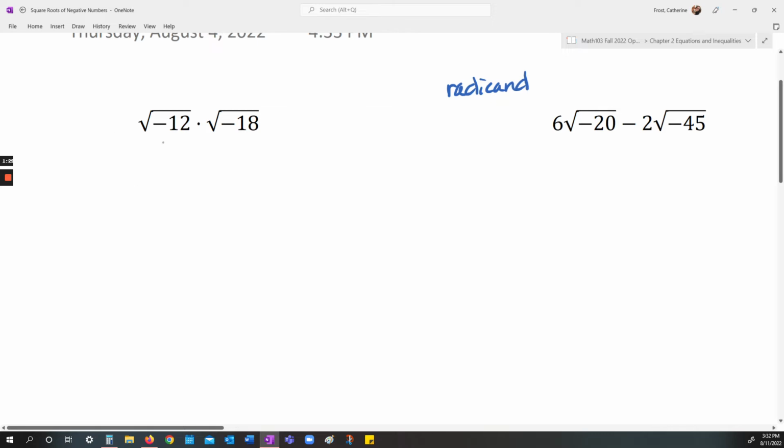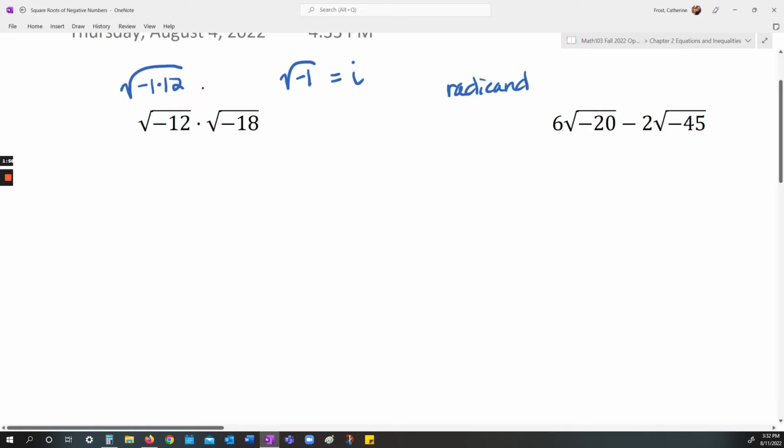Let's look at this first problem: square root of negative 12 times the square root of 18. What we want to do is at least deal with the square root of negative 1. At least think of each of these as something like square root of negative 1 times 12, and bring square root of negative 1 out of the square root and write i outside the square root symbol.